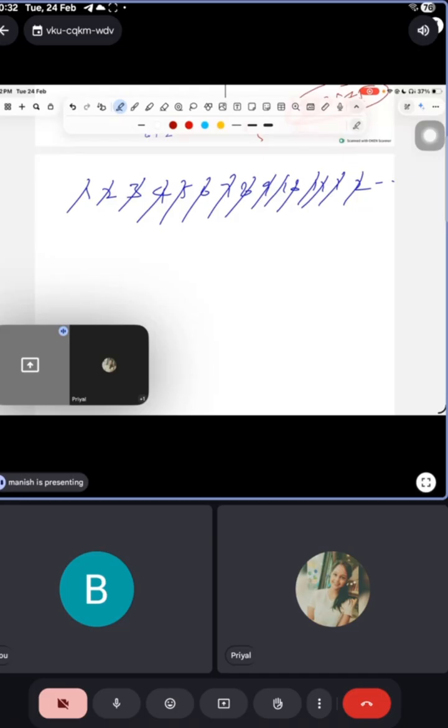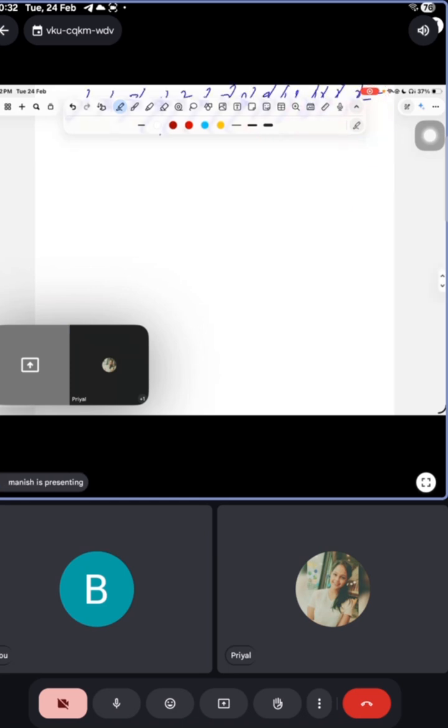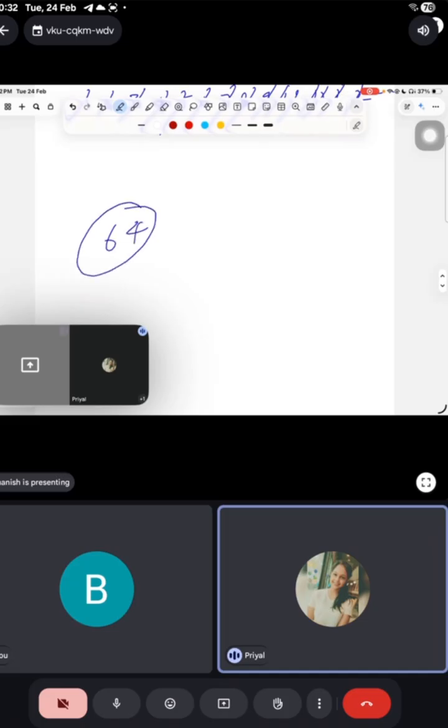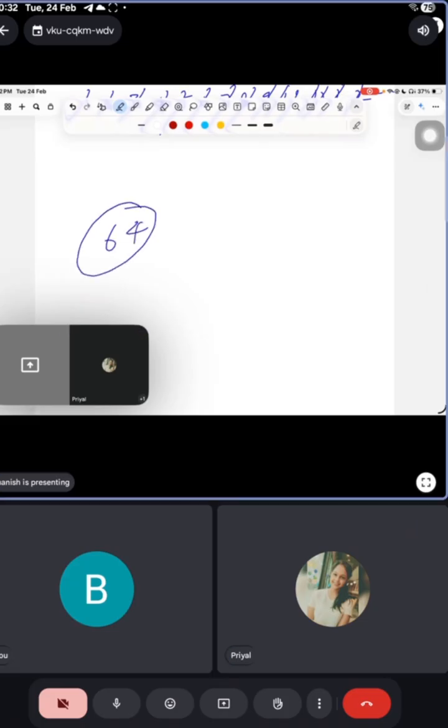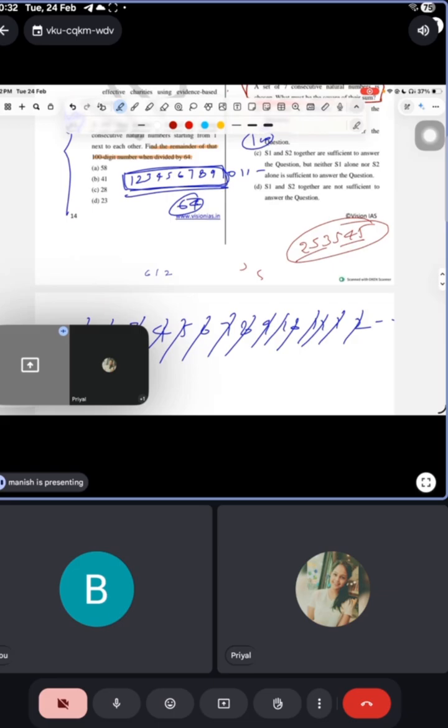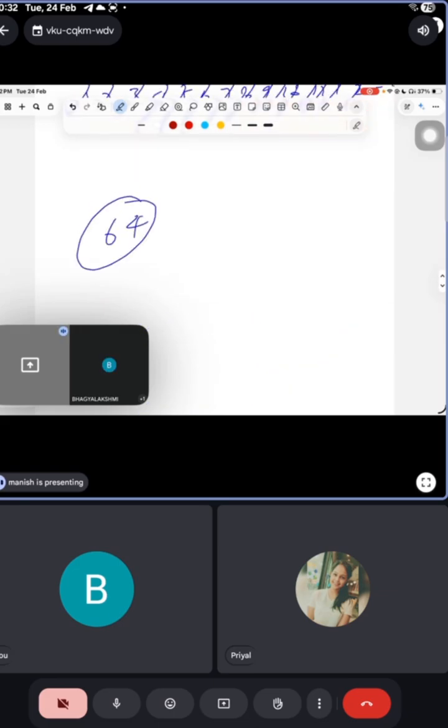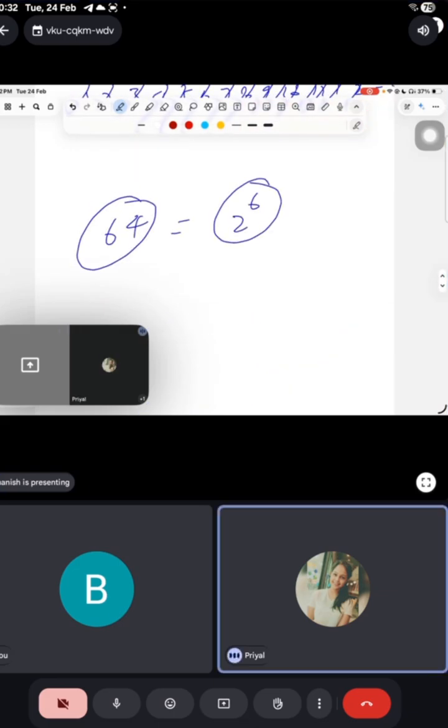We have to find the remainder, and that is quite tough to get directly. The number is 64, and 64 means 2 to the power 6.